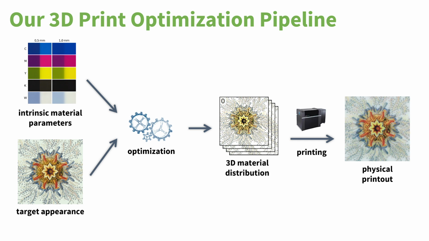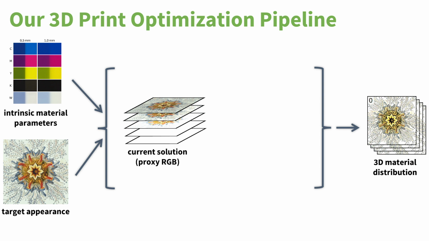And now what happens here? What happens here is actually quite a classic approach where we essentially start off by guessing the solution, guessing some kind of a distribution of the 3D prints, 3D inks in the full volume.